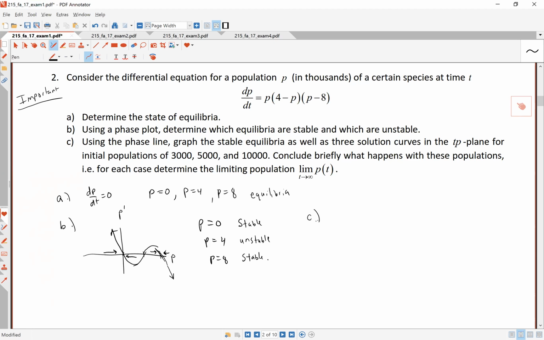Using the phase line, graph the stable equilibria. So we have zero tangent lines at P equals 0. At P equals 4, we have a zero tangent line, and at 8, we have a zero tangent line.